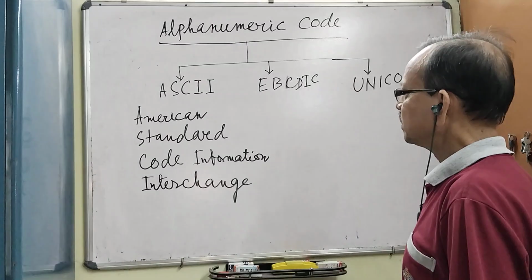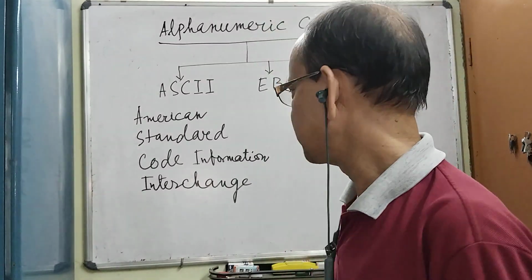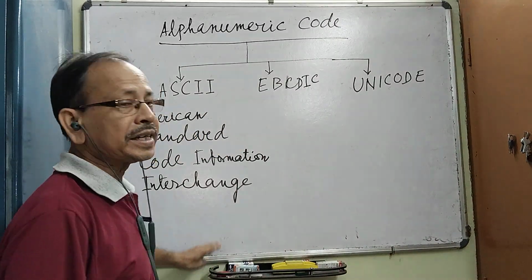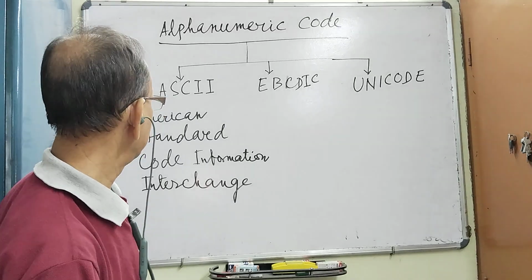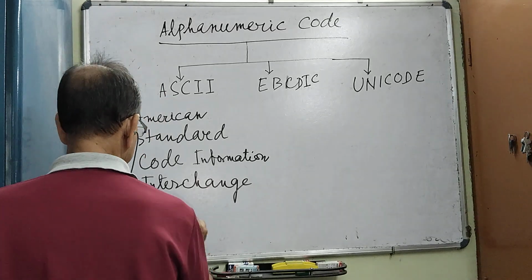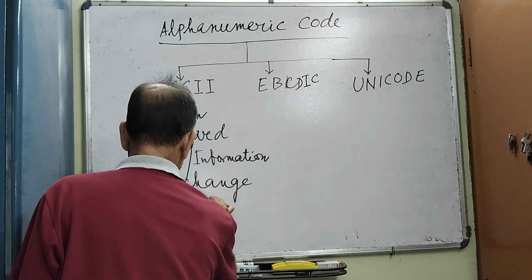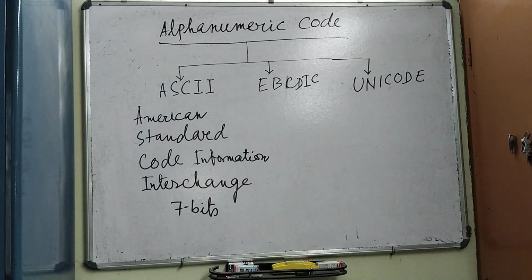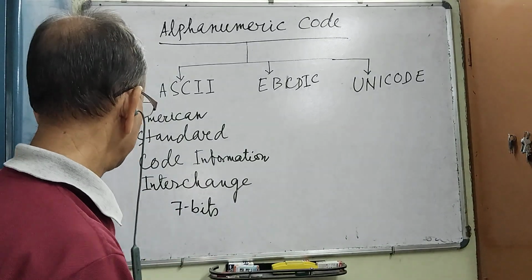Actually, this code is for our English alphabets, and in this code every character or symbol is represented by 7 bits. With 7 bits, we can represent any character.